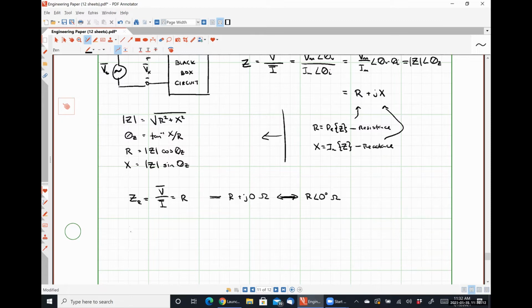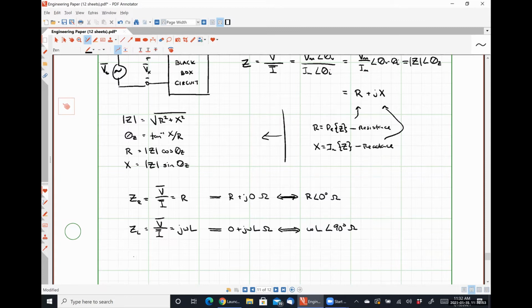For an inductor, the ratio of the phasor voltage divided by the phasor current is j omega L. So this becomes 0 plus j omega L ohms in rectangular form, or omega L angle positive 90 degrees ohms in polar form.